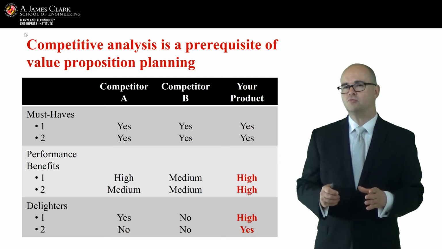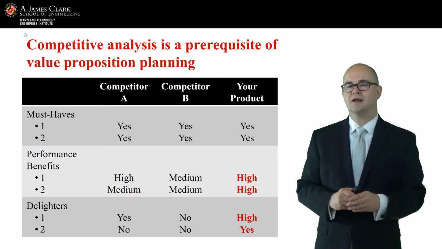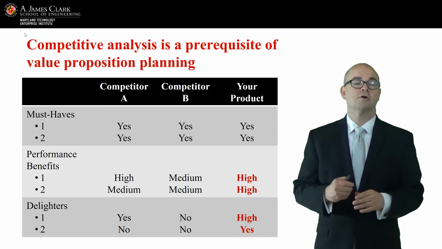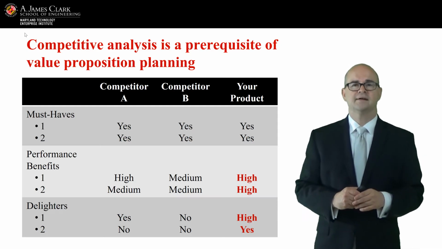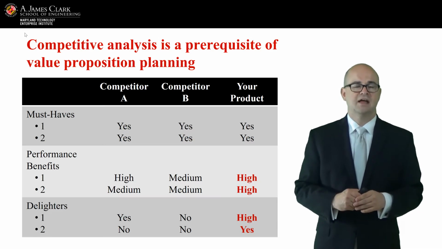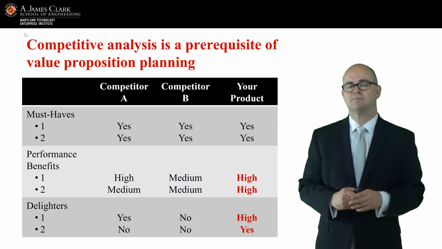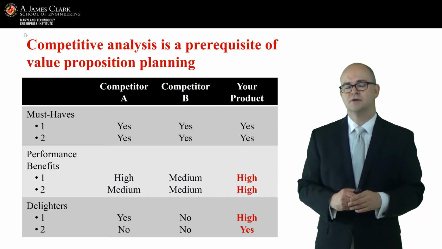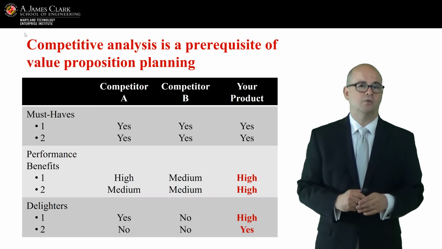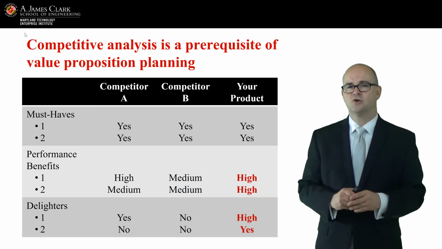I put those in red because that's a bad element that you need to stop. You're likely overbuilding the product. You're likely trying to pack in too many benefits and too many delighters. And you'll fall into the pitfall of having something that's overly complicated to build, takes too long to do, and is going to be too expensive to sell. So take note of that.